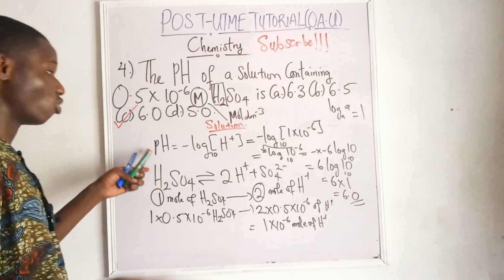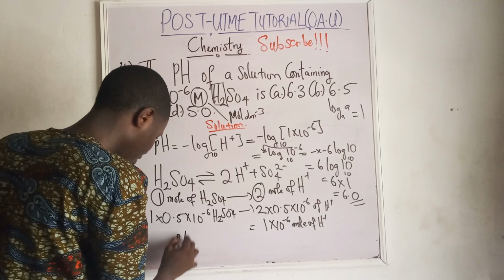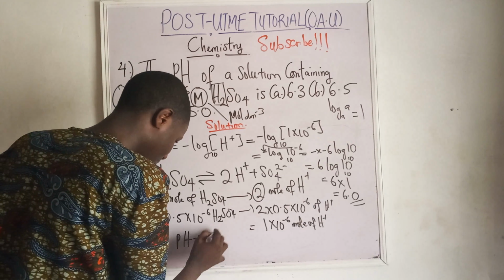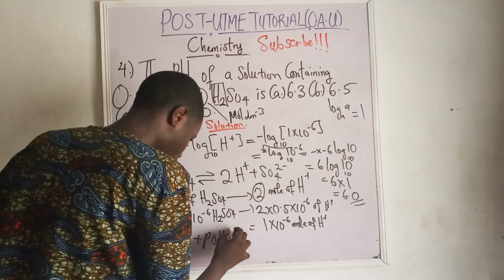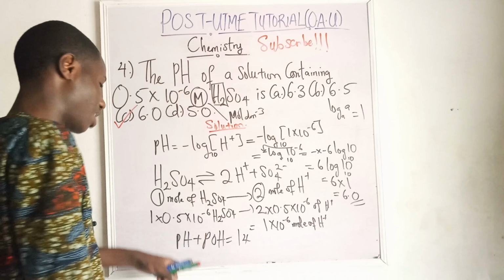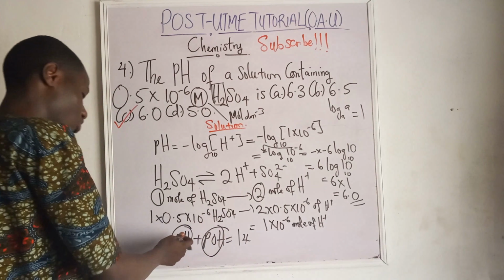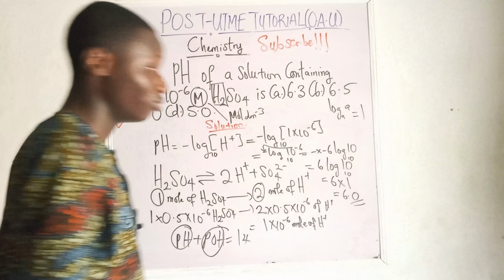Although we have some other formulas for pH. Formulas like pH plus pOH is equal to 14. So we use it sometimes. At times we use it. If they ask you to find pH and they gave you pOH, just subtract and do things like that.